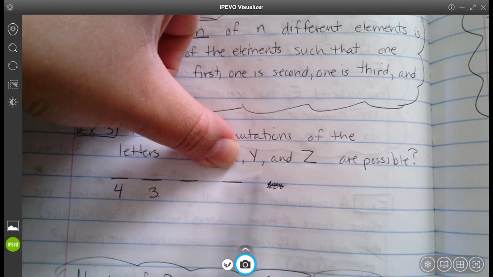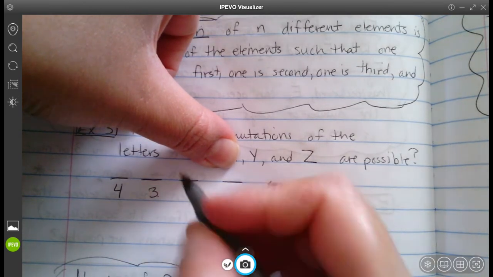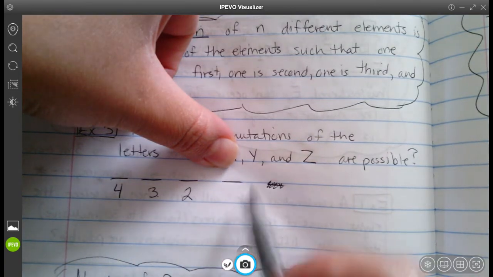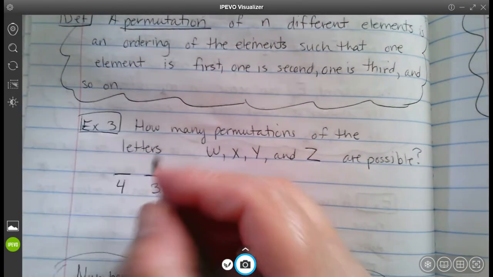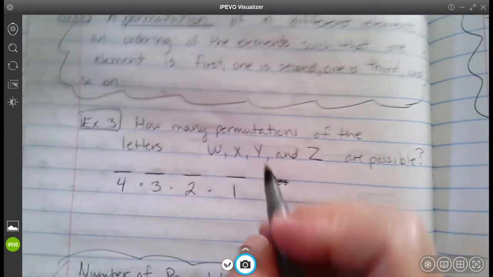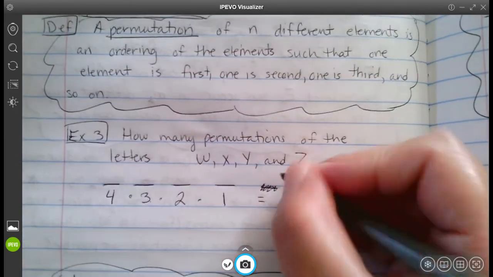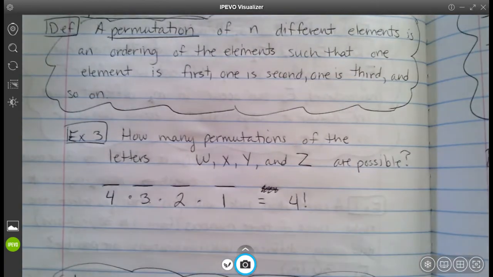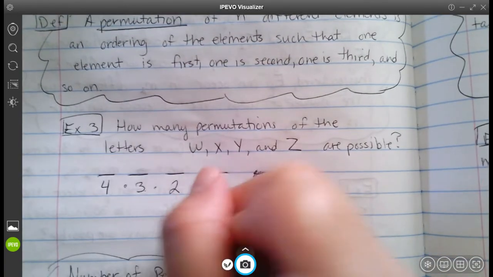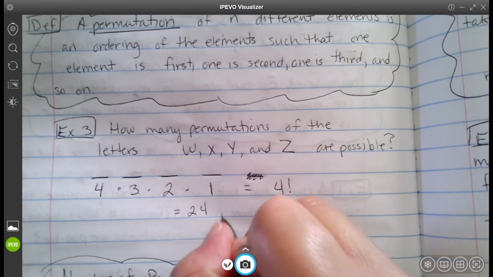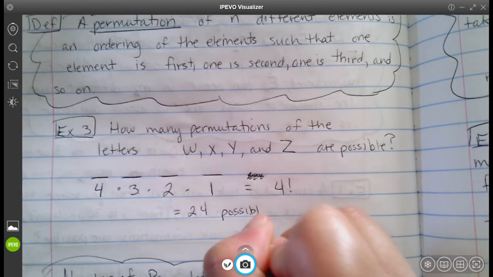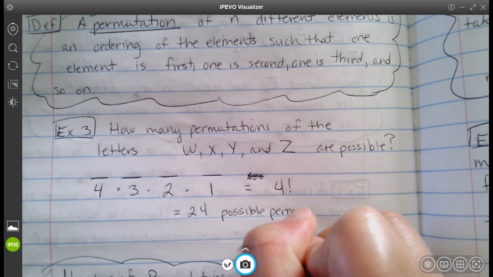For the third position, we're left with 2 options, and then, of course, the last one's going to be 1 option. So that means we have 4 times 3 times 2 times 1, which is the same as 4 factorial. If we multiply this, we get 24 possible permutations.